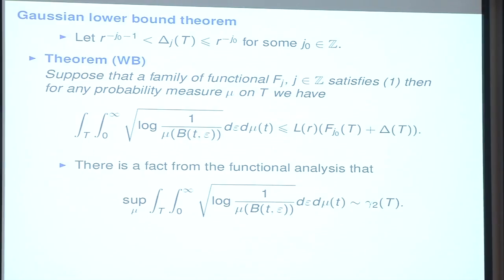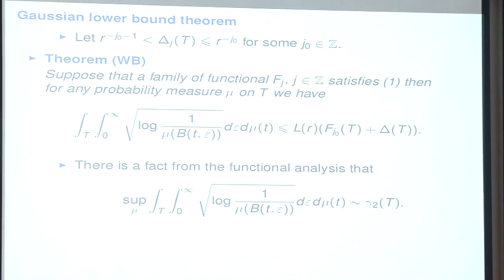And that's why, if we know a little about functional analysis, we know that the supremum over all probability measures on the set T is comparable with the existence of the majorizing measure, and that's why we know that it's also comparable with gamma 2 numbers.